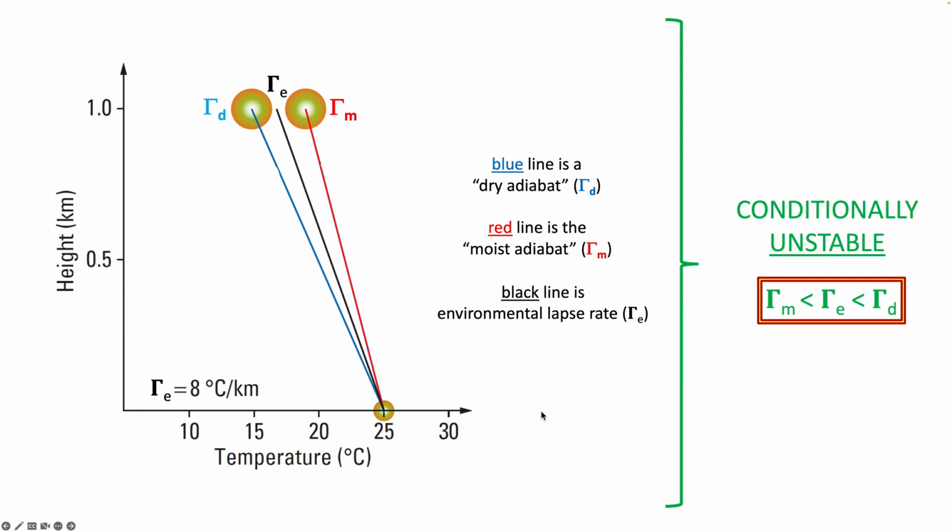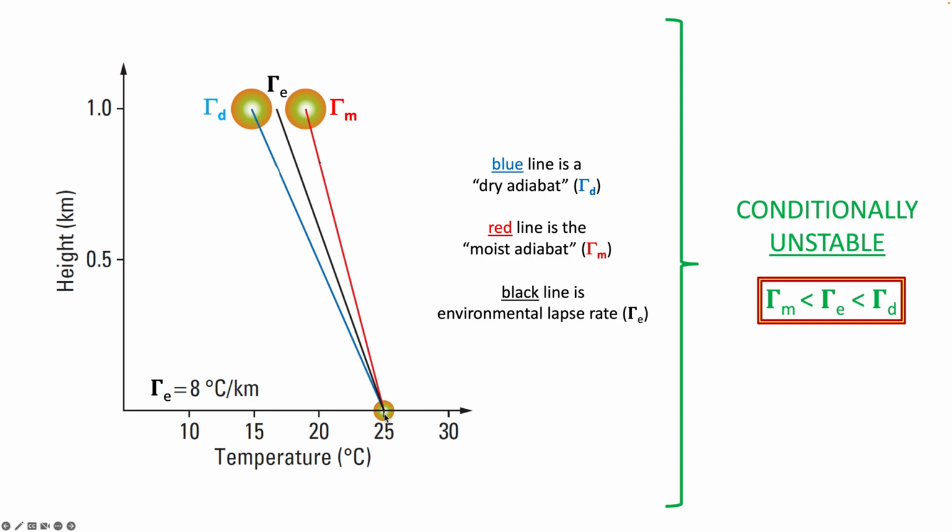Now before I move on from comparing lapse rates, I want to make one thing really clear about how you determine stability when you look at these diagrams. This is a common mistake that students make, and I want to stop you from making it right here at the onset. When we compare parcels and the environment, parcels are only going to cool at one of two rates. They're either going to cool at the dry rate or the moist rate.